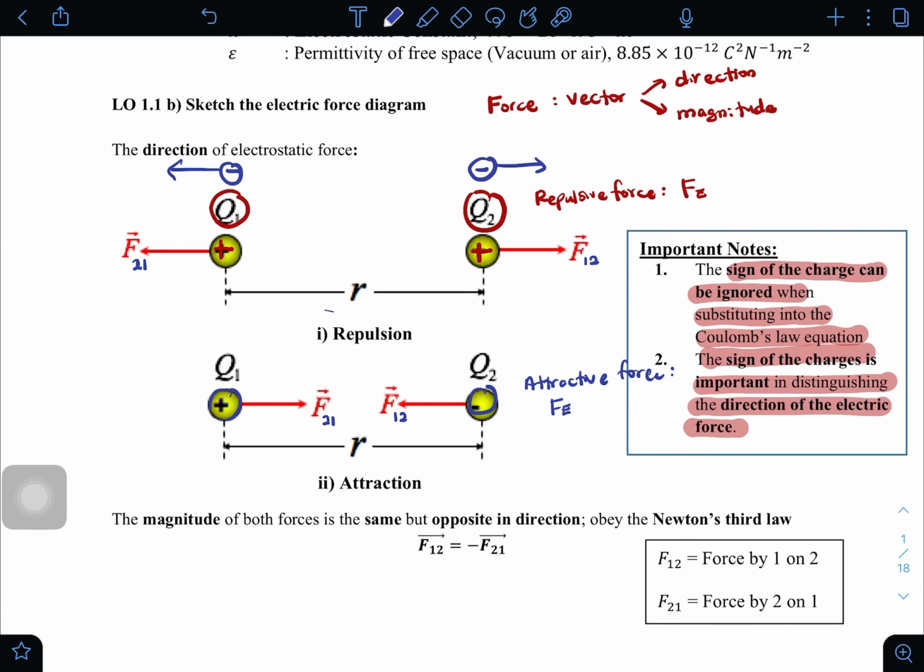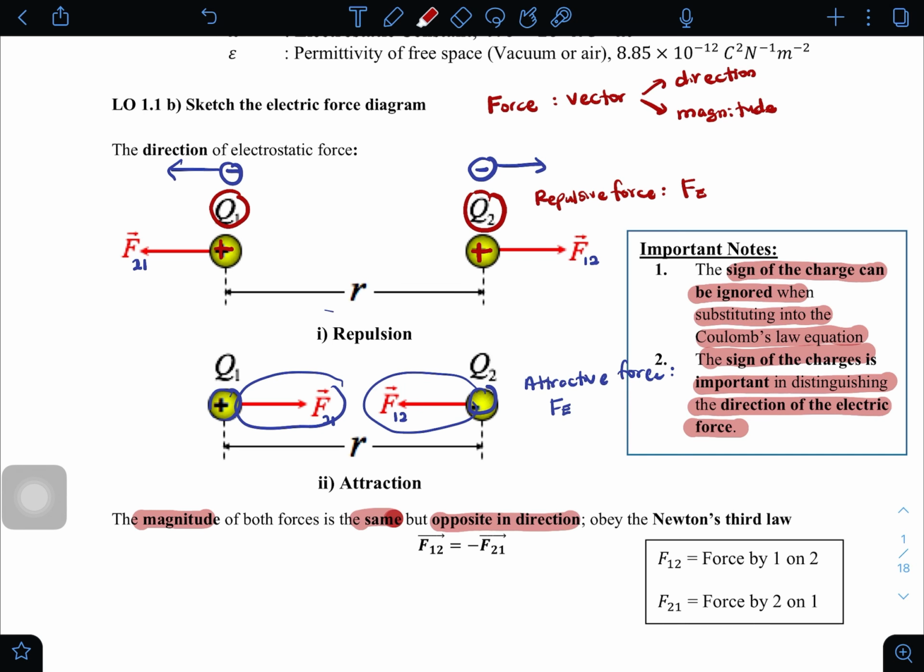What does that mean? It means the value of the force will be the same, but only different in direction. For this one, F12 is to the left and F21 to the right. But this one is to the left and this one to the right. If there are two charges, the magnitude is the same. If you calculate, you will get the same value but opposite in direction.